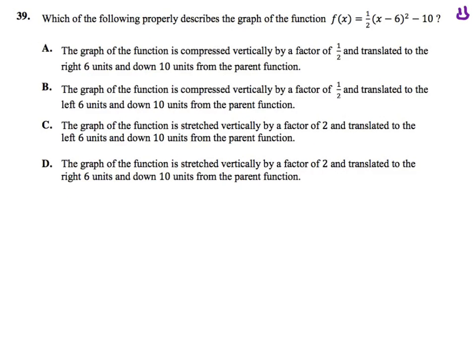Number 39. Which of the following properly describes the graph of this function? It's HK form, folks. You guys should be able to do this in your sleep, and most of you can, which is good. What are we doing? We have an A of 1/2, right? So that means it's going to be not stretched.